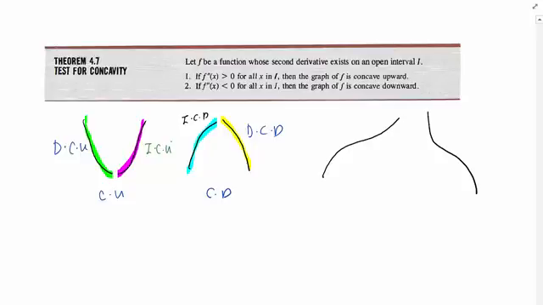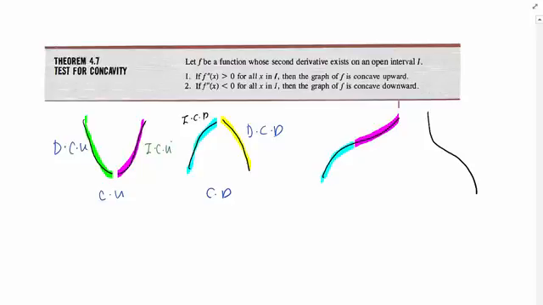Okay, then even here, now you can say this is concave down increasing, and now somehow here is concave up increasing. Make sense?